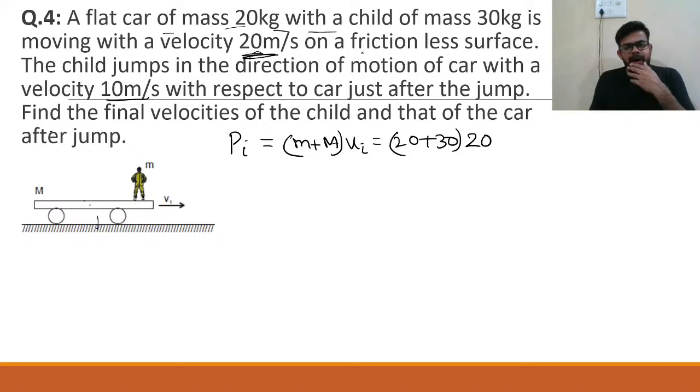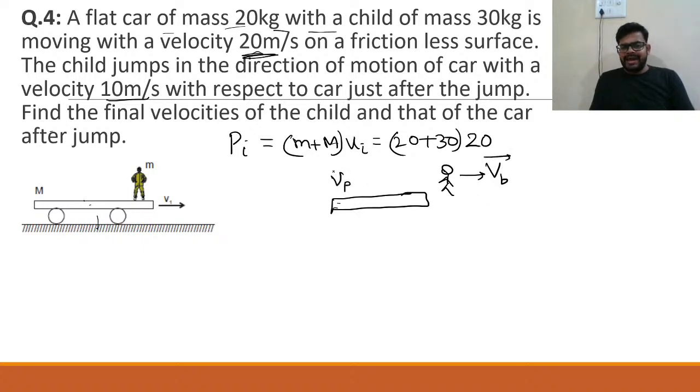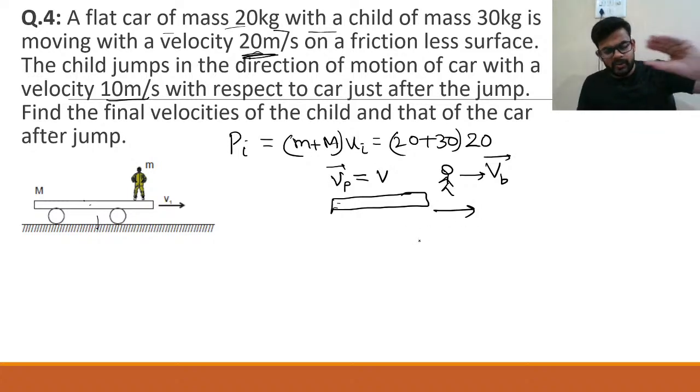As the boy jumps, the velocity of the boy with respect to ground is Vb, and the velocity of the plank with respect to ground is V. That is in the positive direction, because the plank is already moving in the right direction.